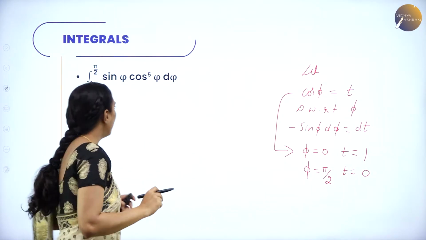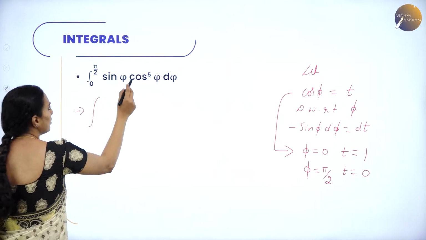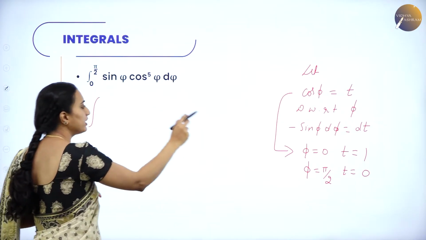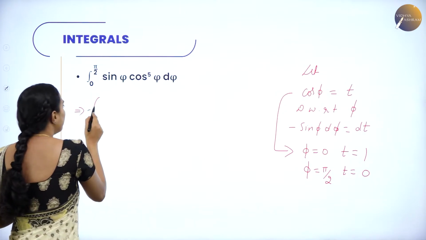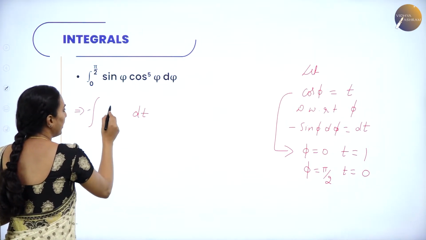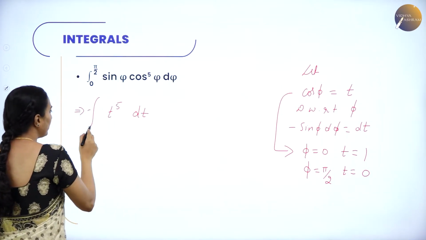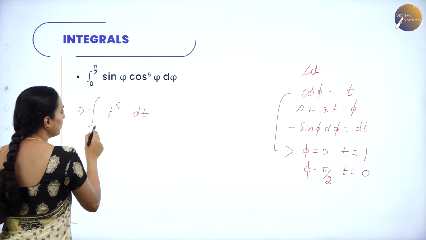Okay, now you are moving on to the substitution, which implies the integral. See, cos to the power of 5 phi, and sin phi d phi is nothing but minus dt, because this minus sign will shift to that side. Now cos to the power of 5 is nothing but t to the power of 5, isn't it? Changing the limit, when phi is equal to 0, t is equal to 1.